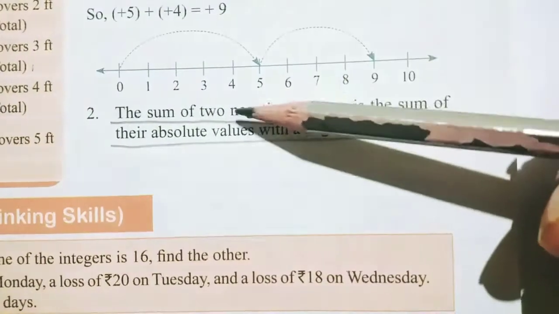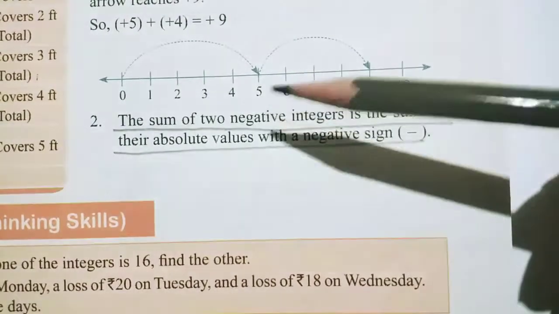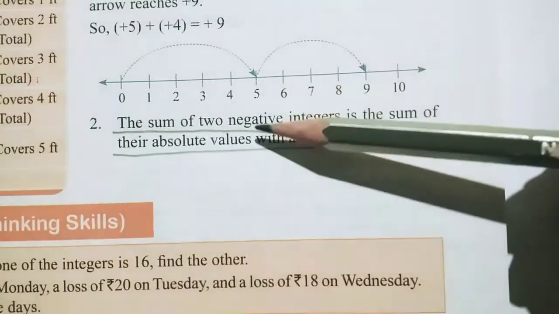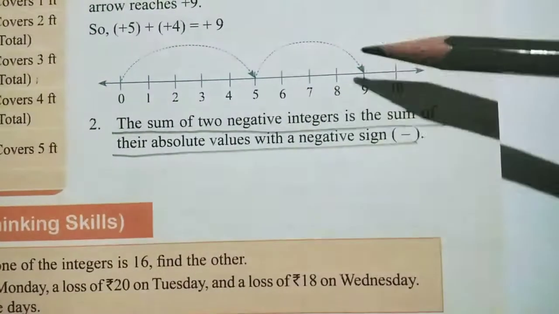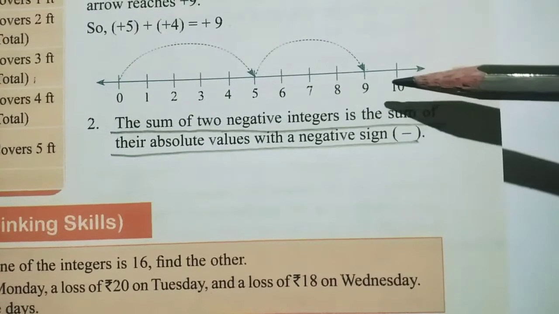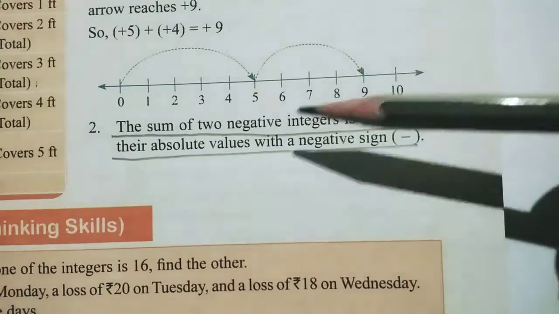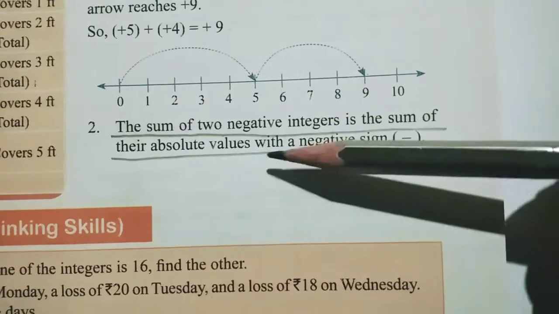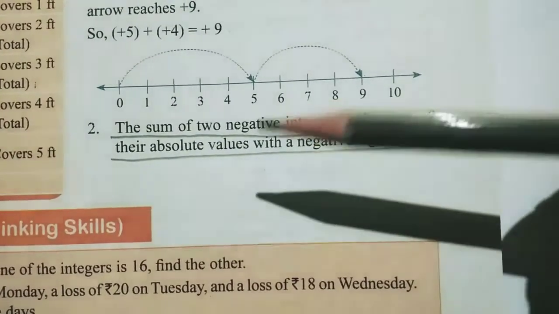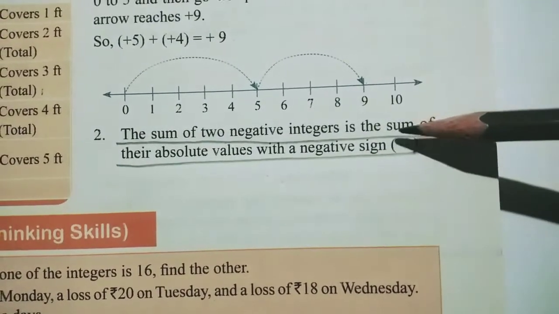That means when you add two negative integers, it will give the negative sign. The operation will be addition. You have to plus it. If they are having two negative signs, then also you have to add it. But the sign will be negative.